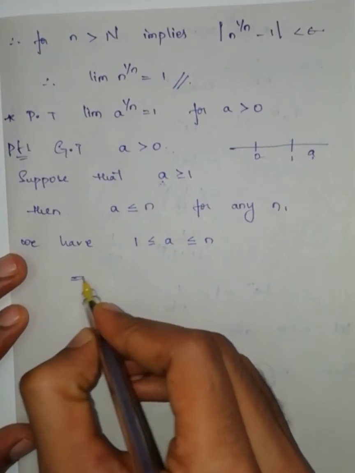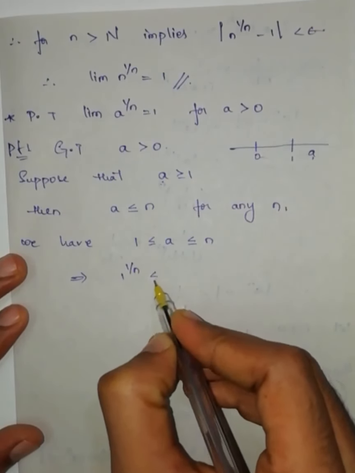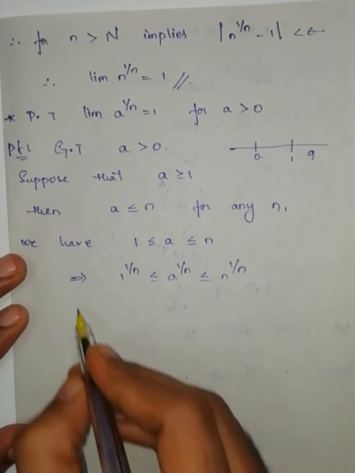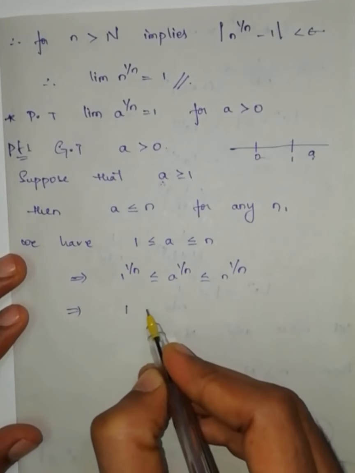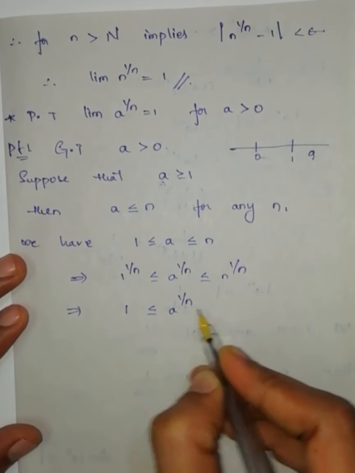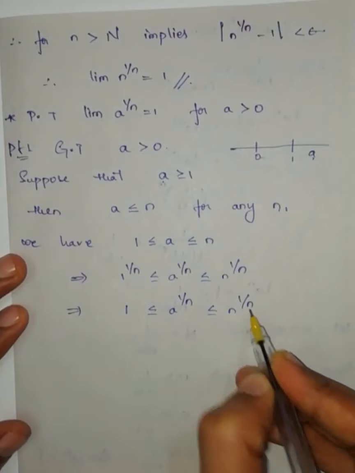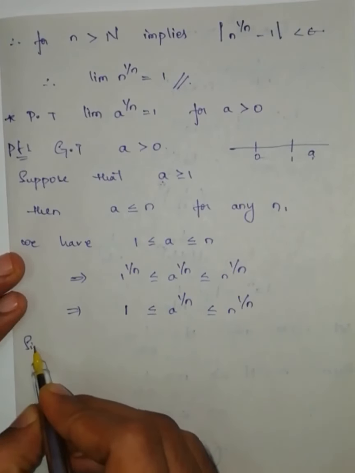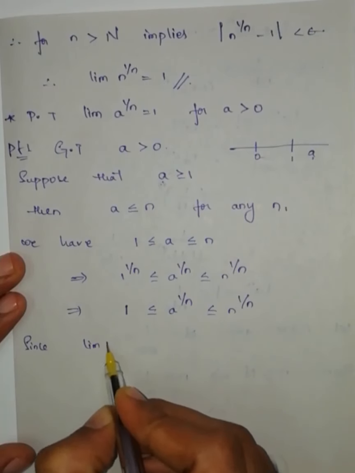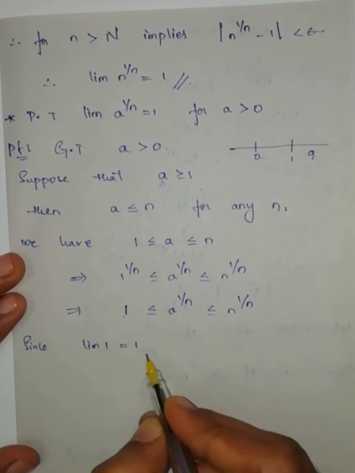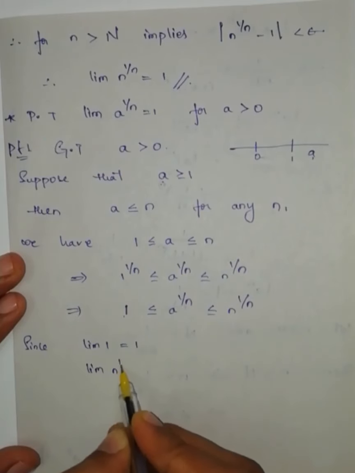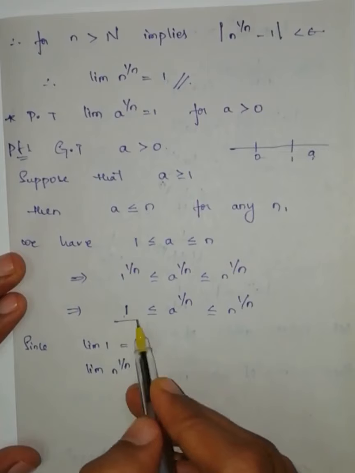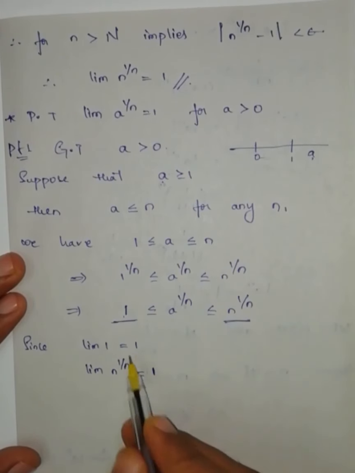Now taking power 1 by n on both sides of this inequality, 1 to the power of anything is 1, so 1 is less than or equal to a to the power of 1 by n, which is less than or equal to n to the power of 1 by n. Now since limit of 1 is equal to 1, and limit of n to the power of 1 by n, which we have just proved, is 1, both are the same.